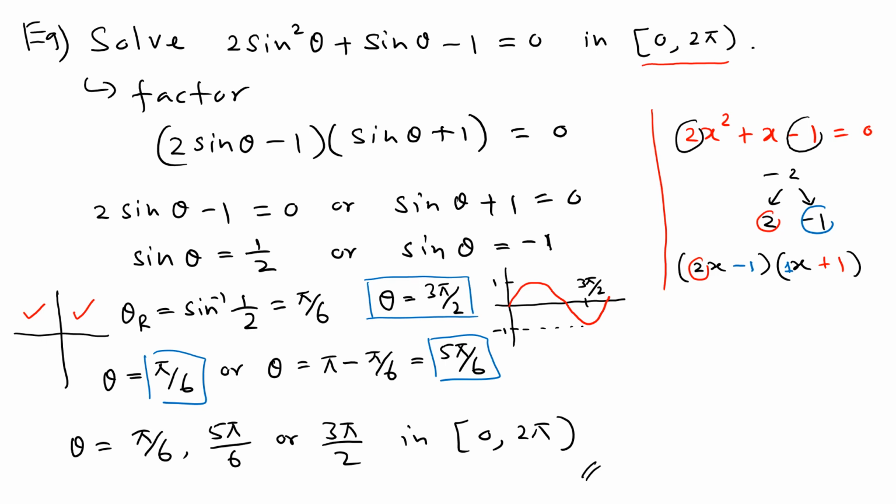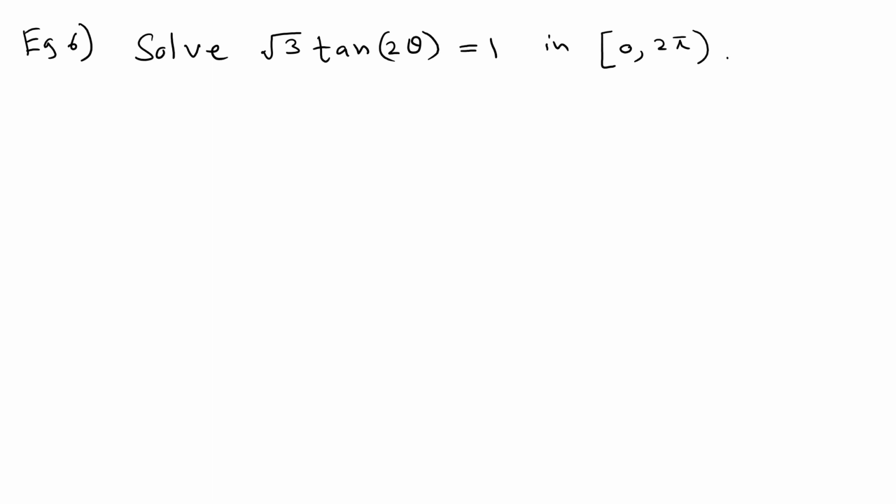Let's look at one more. We have to solve square root 3 tan 2 theta equal 1. You can see that this problem is different from all the previous problems because we have 2 theta here, not theta. Since we have 2 theta, we want to think about the actual range we are looking for.